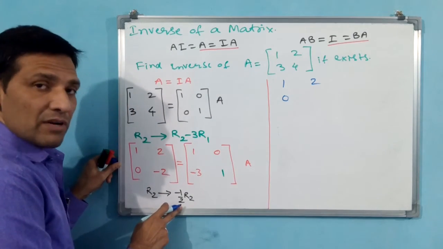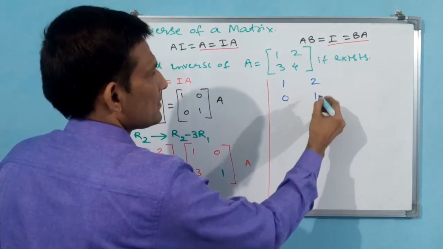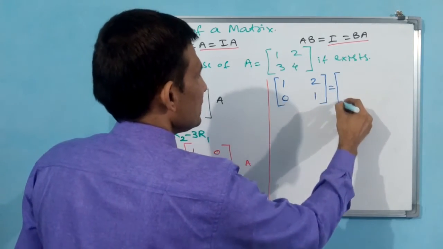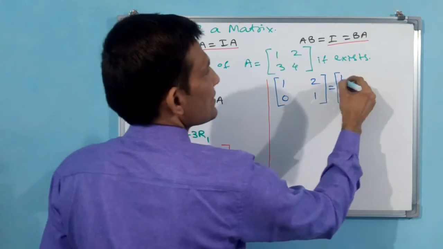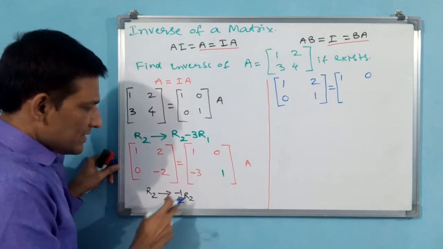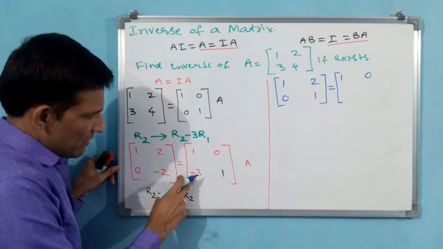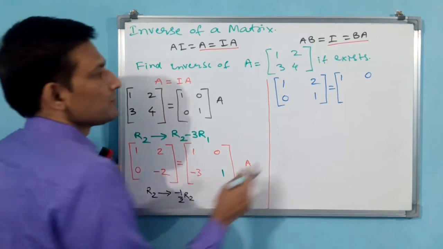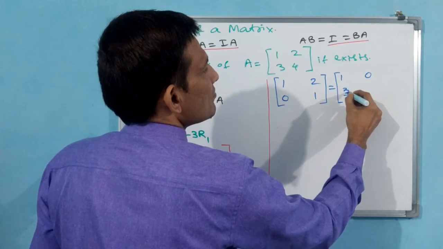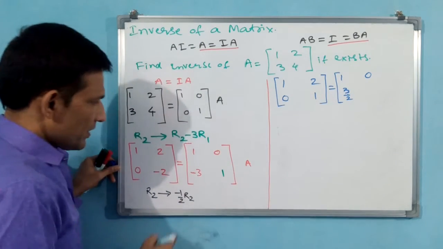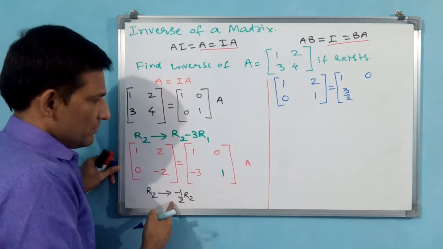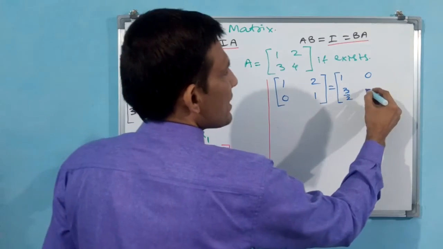Minus 2 into minus 1 by 2 is 1. Here also, 1 0 will be like this only. Now come here. See, minus 3 into minus 1 by 2: minus minus is going to get cancelled, so it is 3 by 2. Now you see, 1 into minus 1 by 2 is minus 1 by 2.